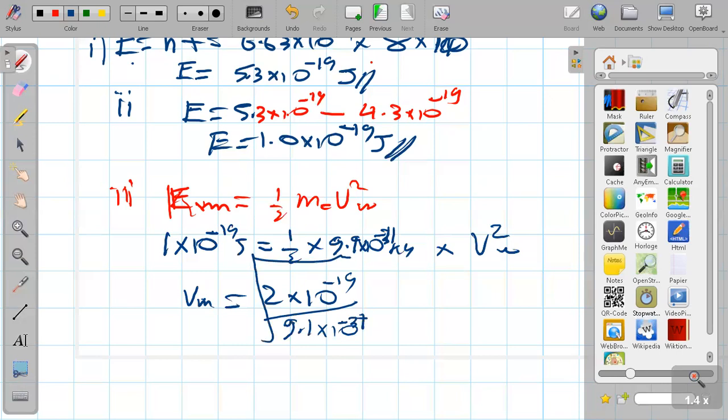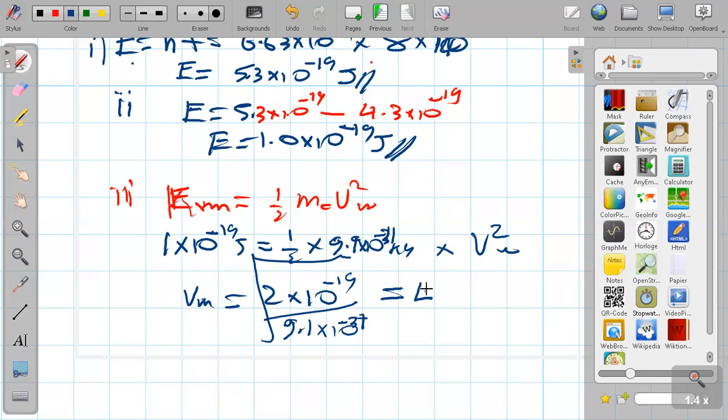What is the answer you got for this one? 468,807 meters per second. So why don't you convert it to powers? Tell me that answer again. So in powers or in the actual?